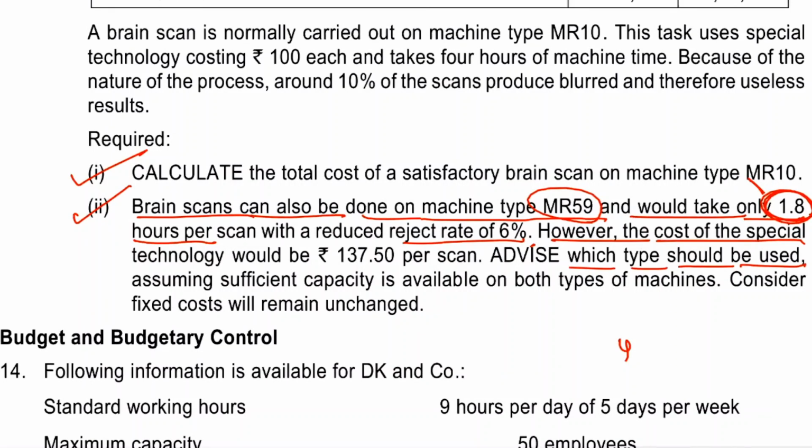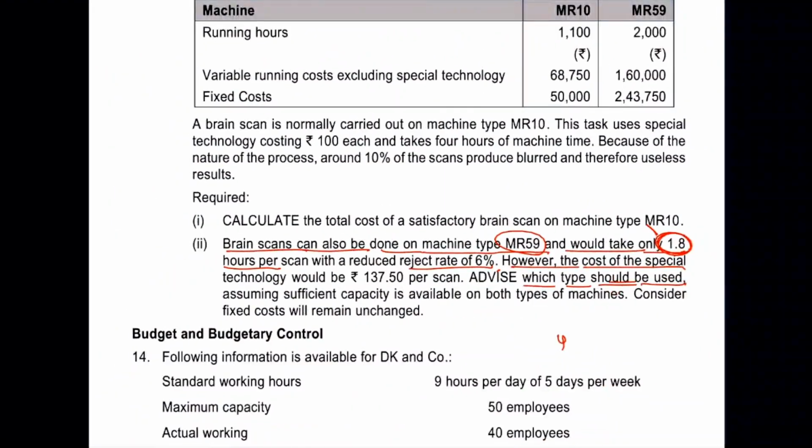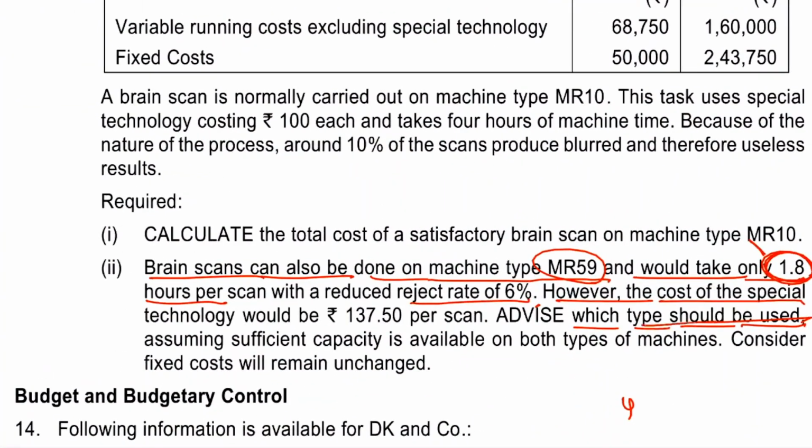If you just read this, it is written: advise which type of machinery should be chosen, assuming sufficient capacity is available on both the types of machines. Now here I am saying that we have sufficient capacity. Once it is said, it means we are already doing something. Now we have some spare capacity.